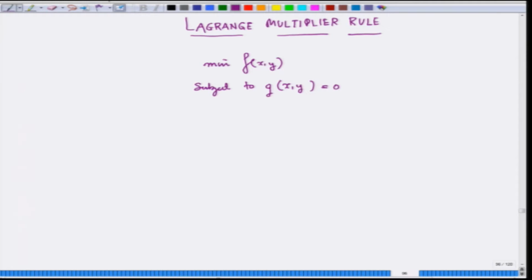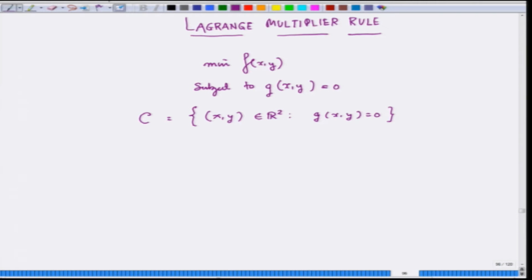So basically, only those x, y. If you form a set, we call it C. This is called the feasible set. So take only those x, y in R2 which satisfy the constraint.